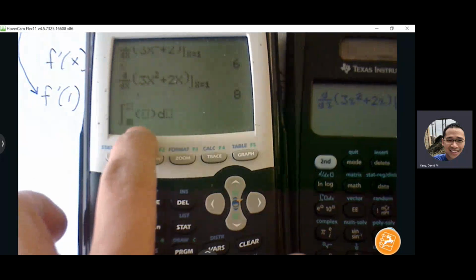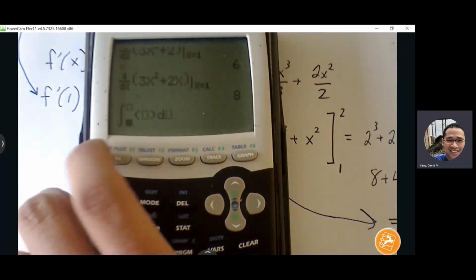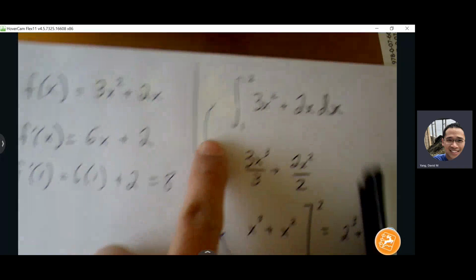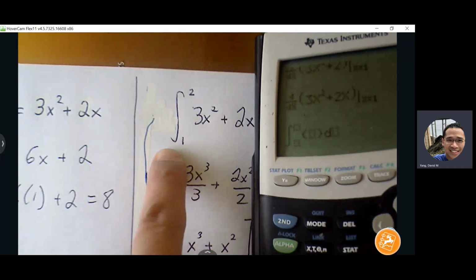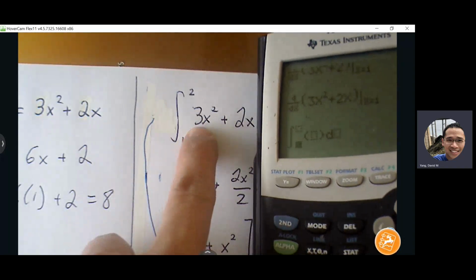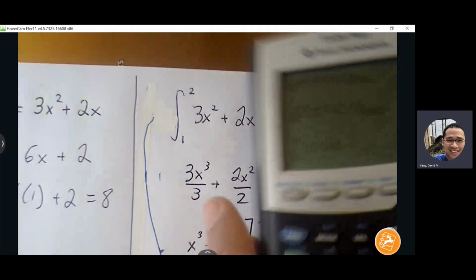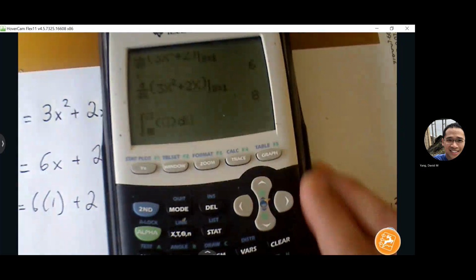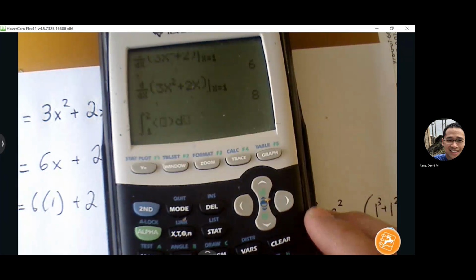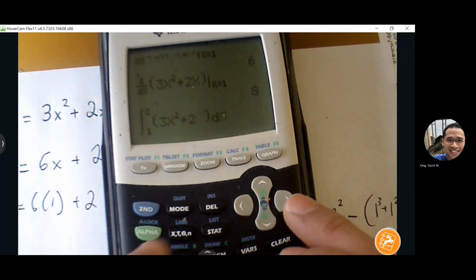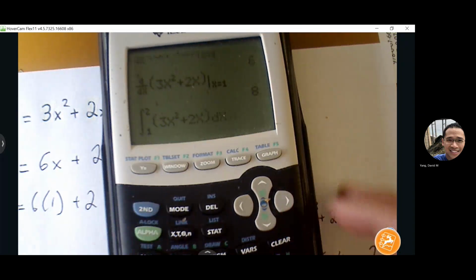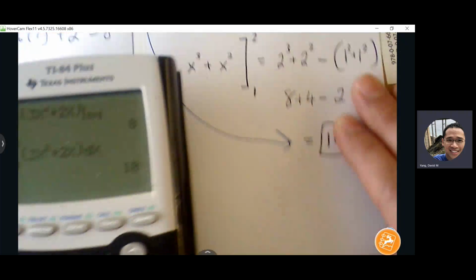And then you see this nice MathPrint notation where you're just going to match up exactly what you see there, right? Your lower bound is 1, your upper bound is 2, your integrand is 3x squared plus 2x, and then you have to make sure you fill in the dx at the end. Okay, we should get the same answer that we did by hand.